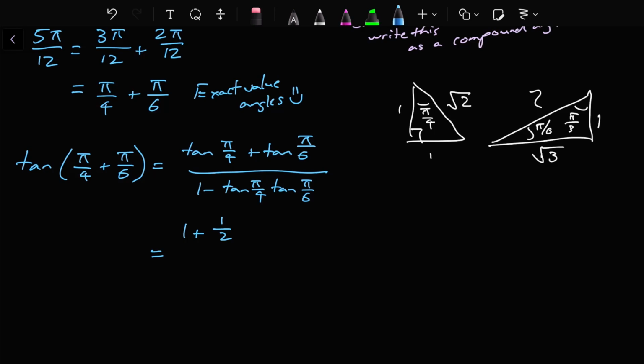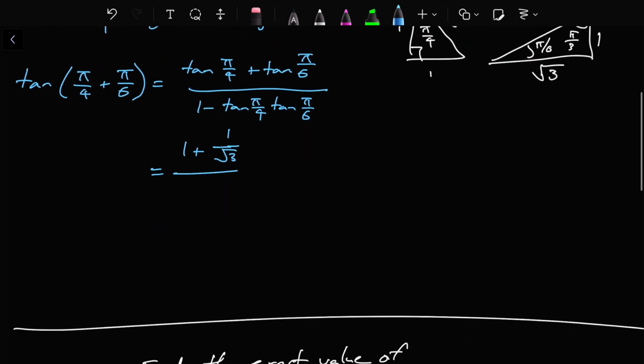Okay, plus a half. No, what am I? Oh my goodness. I'm not going to tell you exactly what time I'm recording this at, but judging from the amount of mistakes that I'm making, I'm sure you can figure it out. Divided by 1 minus, well, the tan of pi on 4 is 1 times 1 on root 3.